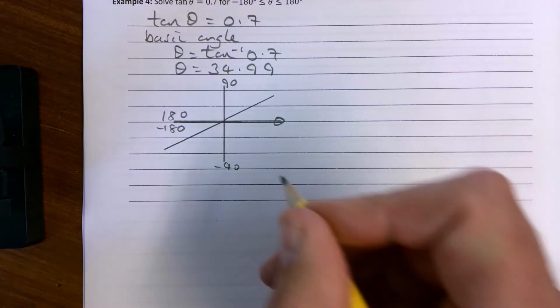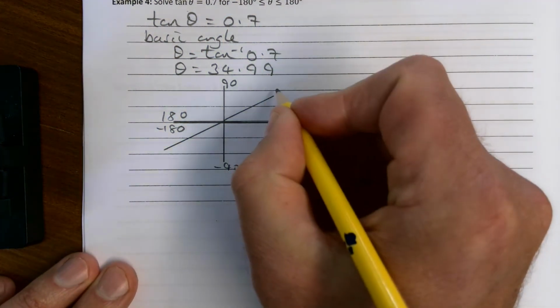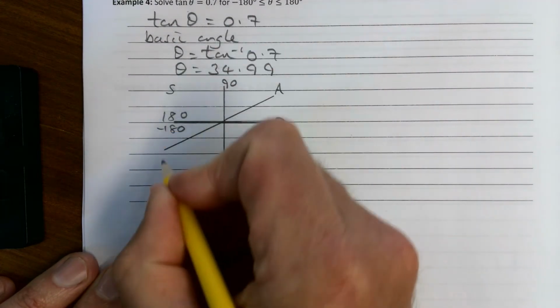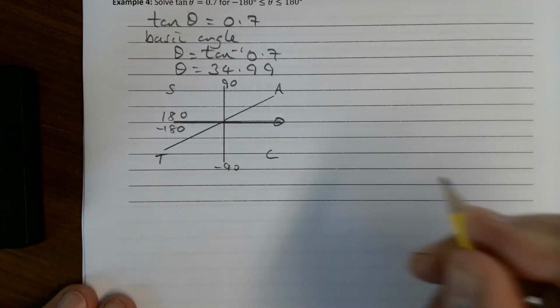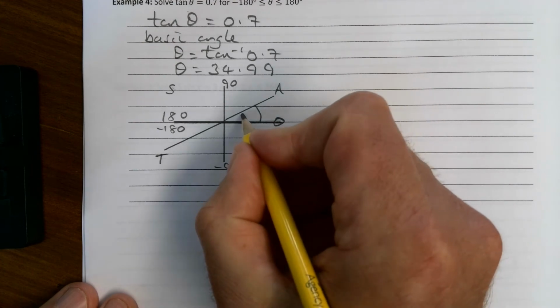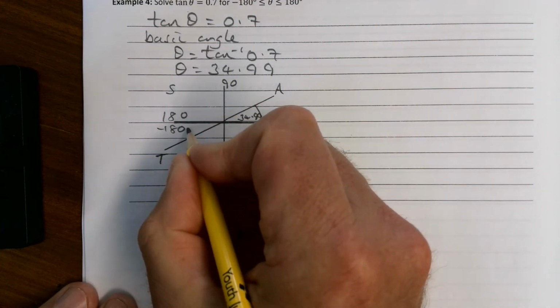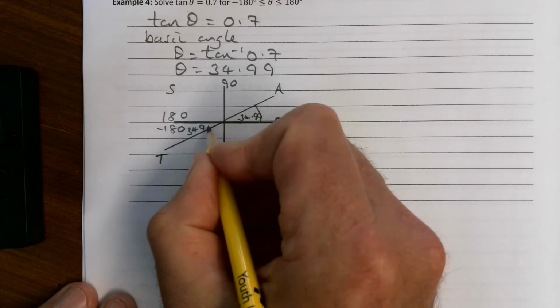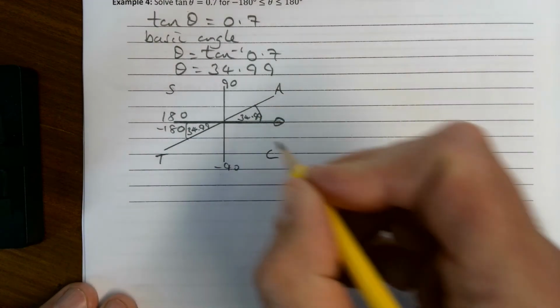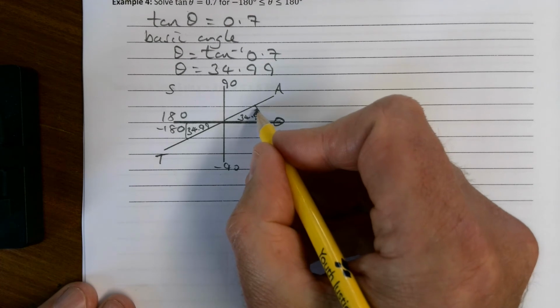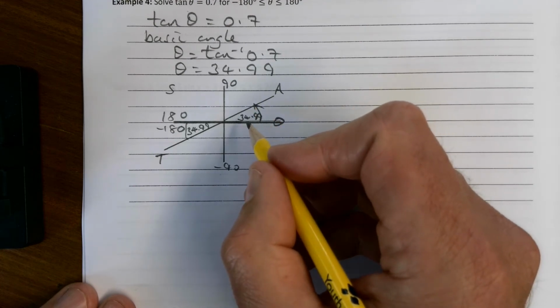Those are the two places where tan is positive because of our cast diagram C-A-S-T. I probably should have drawn that in first. Anyway, that is 34.99, and that then is 34.99 as well. We always measure from 0, so we want this angle here.